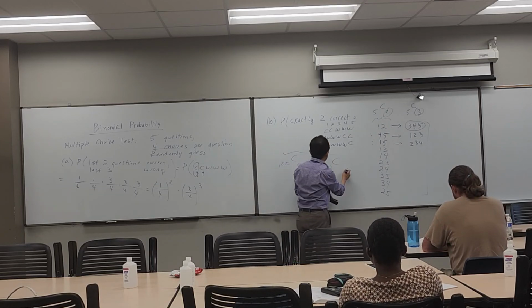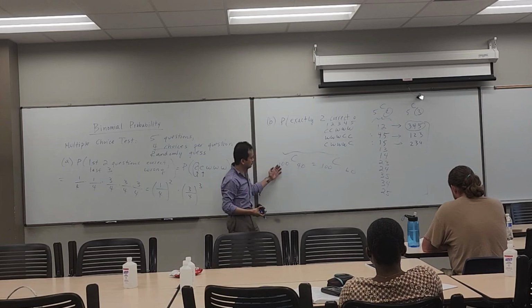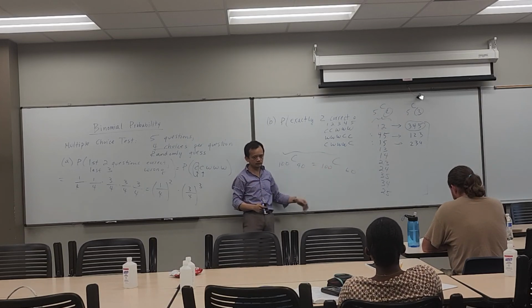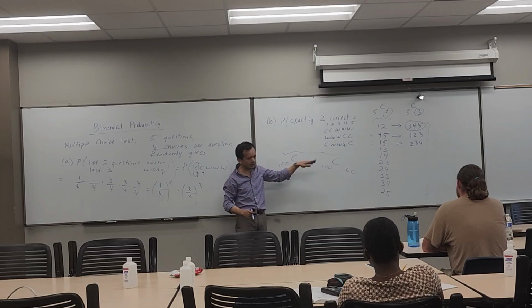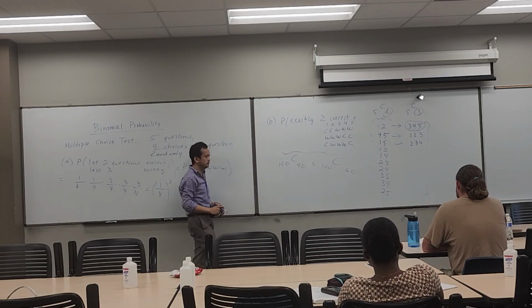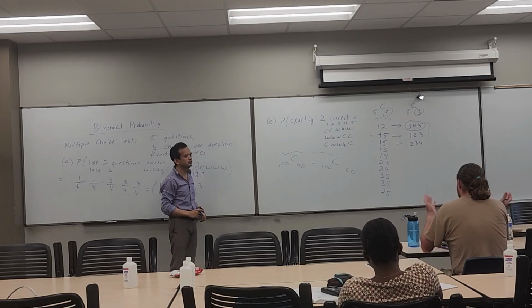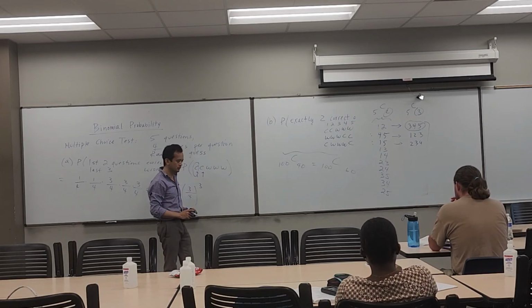So it turns out that if you punch in 100 choose 40 into your calculator, that's exactly the same as 100 choose 60. And it's this same rationale. So it almost makes you think of the complement part.